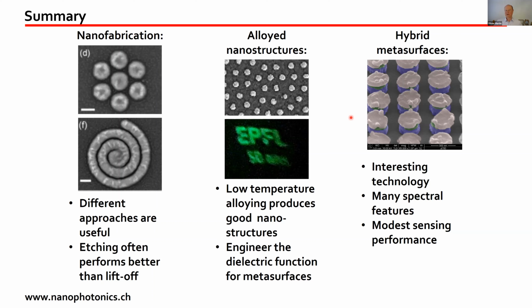So silver has a stronger plasmon resonance than gold because the absorption is weaker. But again, there is this stability problem, especially if you want to go towards biology, because you will always immerse your sample into some liquid, and that could ruin your nanostructures. So having a little bit of gold can stabilize the silver, and you may still have strong hotspots in the alloy, basically. So I think that's probably one type of application.